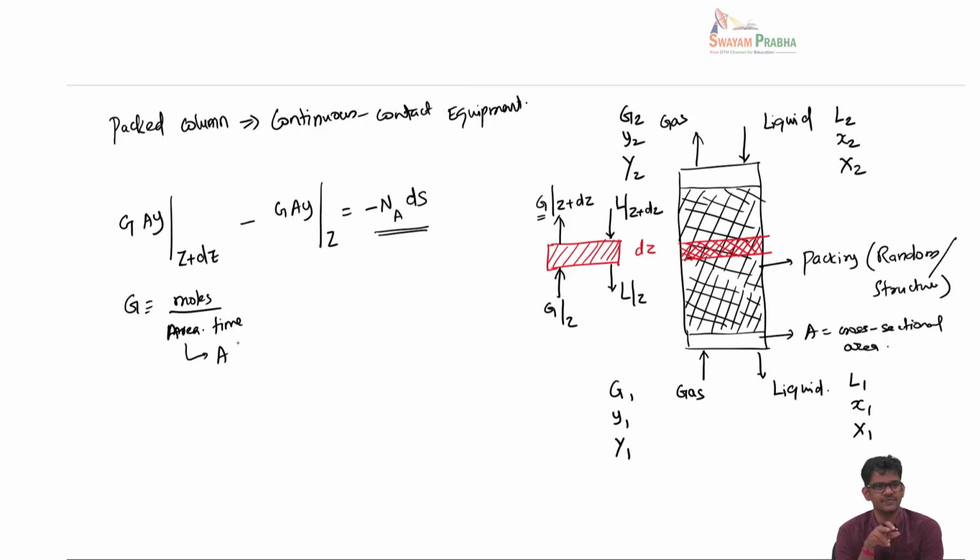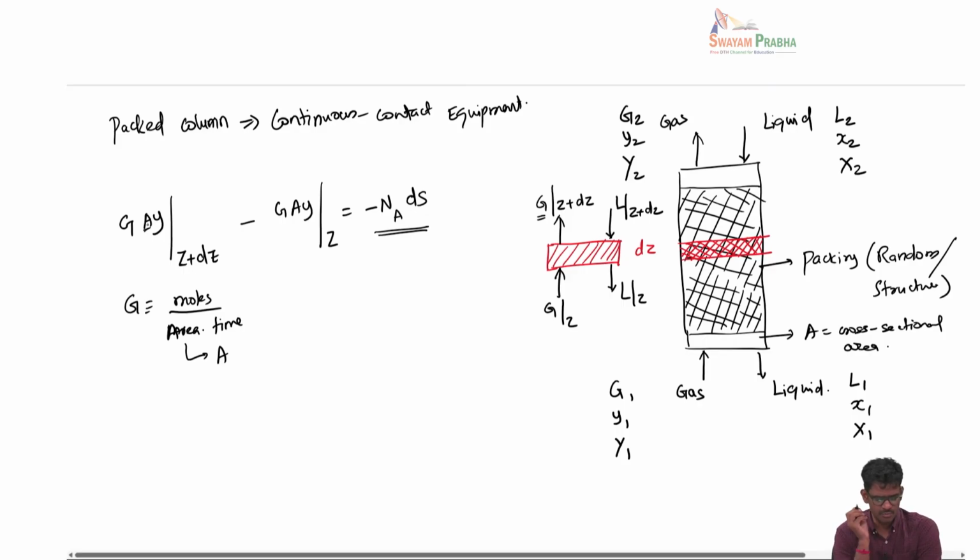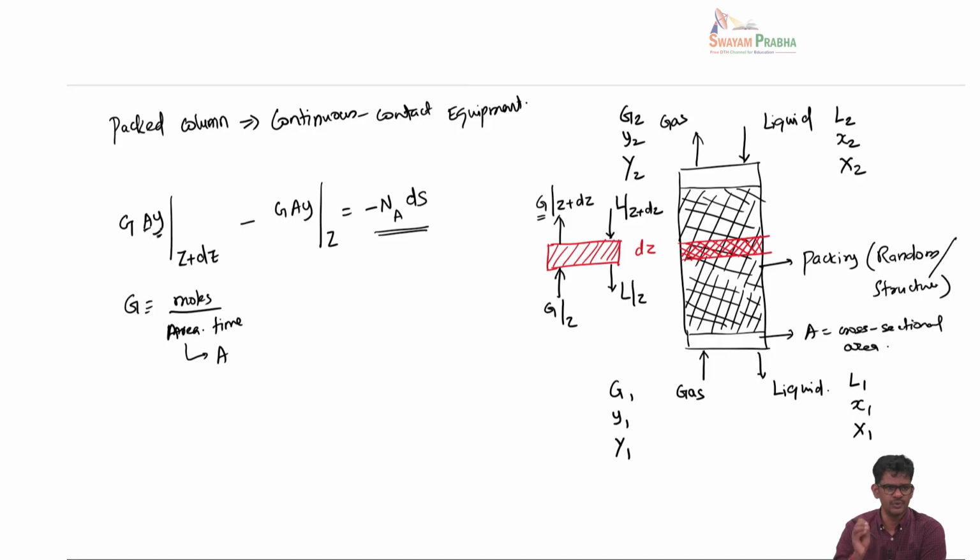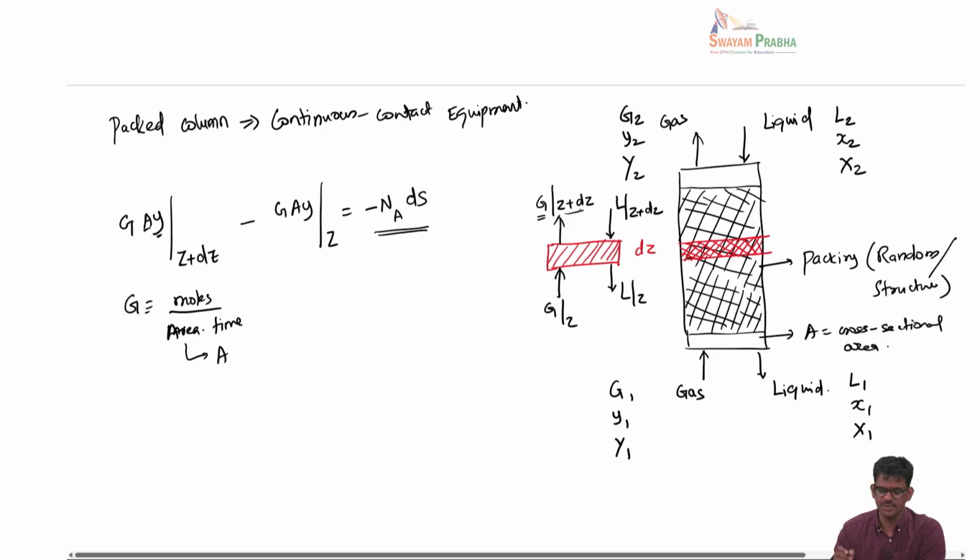This G is with respect to the cross section area of the column A. So moles per area per unit time. So that's G. When you multiply this with the area A, then you get moles per time. When you multiply that with the mole fraction of solute y, you are basically talking about how many moles of solute A are leaving the system at location z plus delta z, and the same quantity that is entering here.